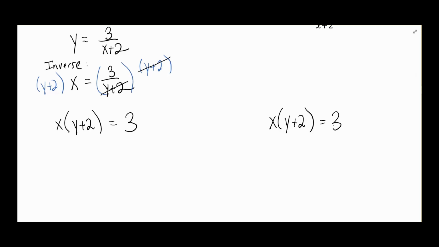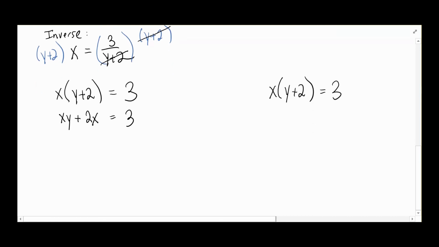So on the left side, one thing that I could do here is say, let me distribute that x throughout. That's going to give me xy plus 2x equals 3. Now remember what your goal here is, that your goal is to get the y by itself. So anything that's not a y, we basically just treat like a number. That 2x, treat him like a number.